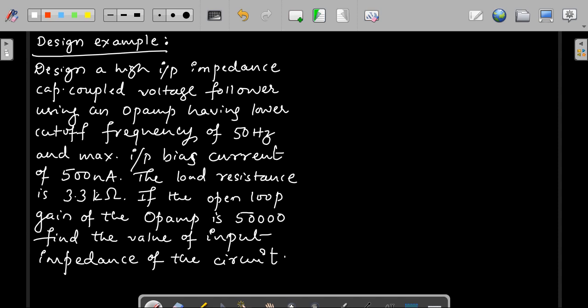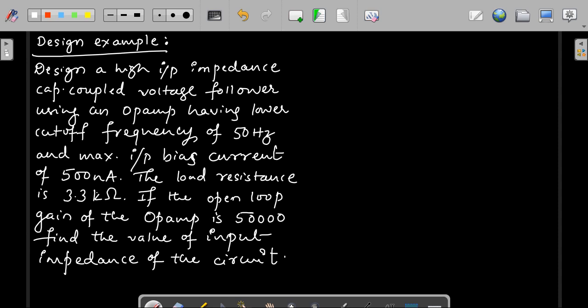Design a high input impedance capacitor coupled voltage follower using an op-amp having a lower cutoff frequency of 50 Hz and maximum input bias current of 500 nanoampere. When you have the maximum input bias current of 500 nanoampere, this is your IC741 only.